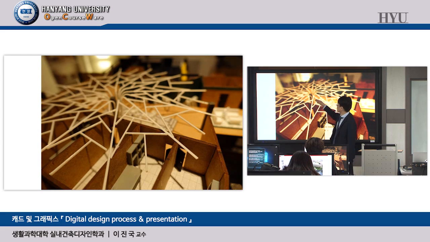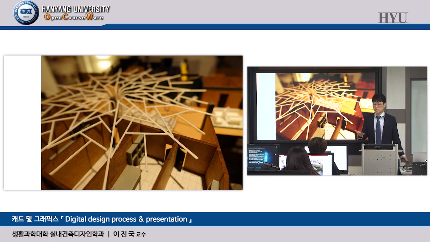But actually this is quite a big size. It couldn't be printed out just once. Separated, okay, three or four parts separated and assembled after printing, okay. That's how you get the bigger size printout products.